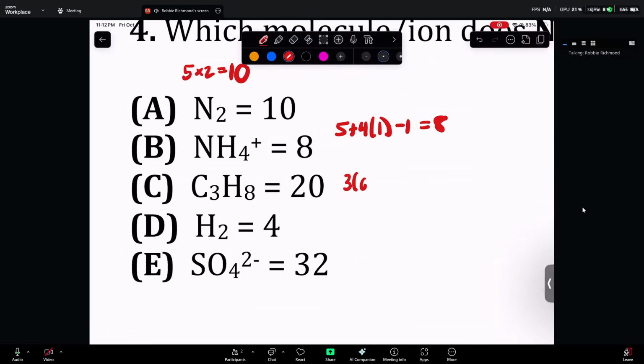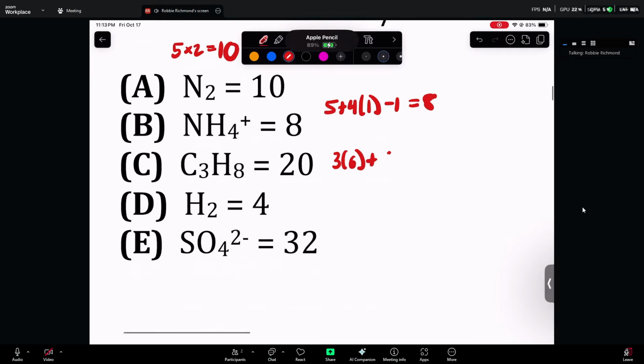3 times 6 for 6 valence electrons, then 8 times 1, that would be 20. Then H2, each hydrogen only has 1 valence electron, and if there's 2, there should only be 2 valence electrons. I see 4.